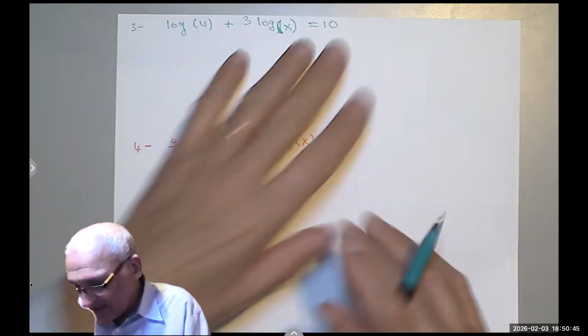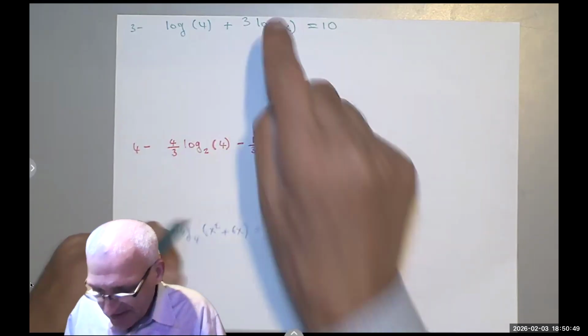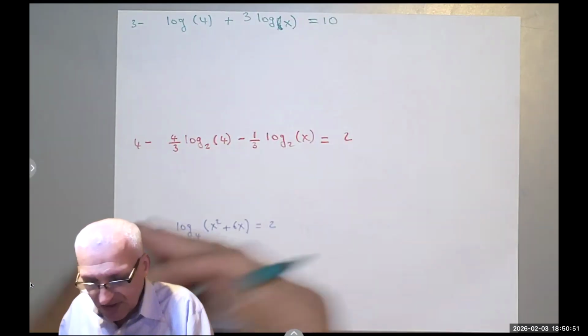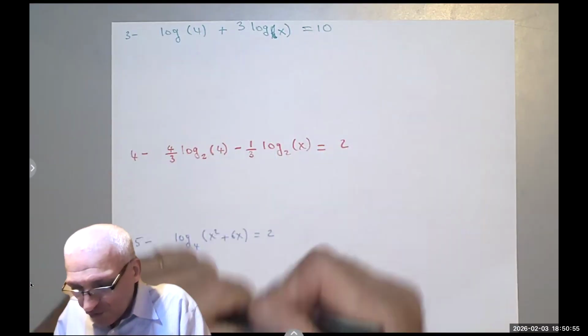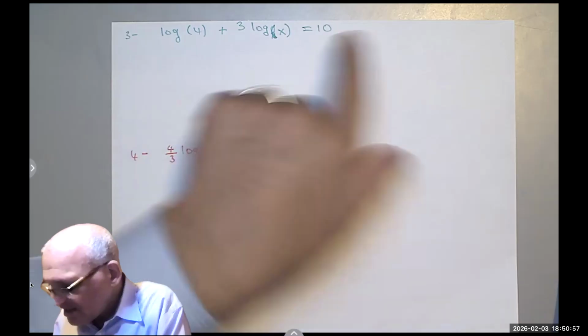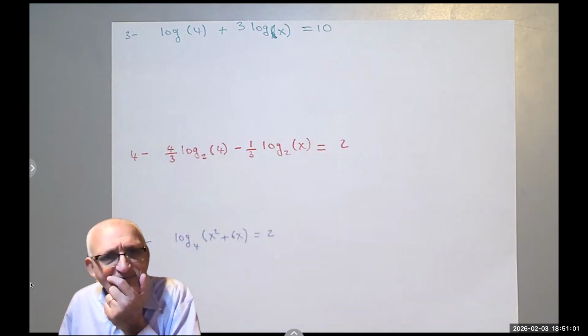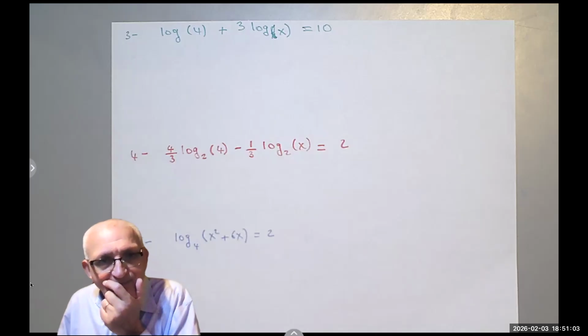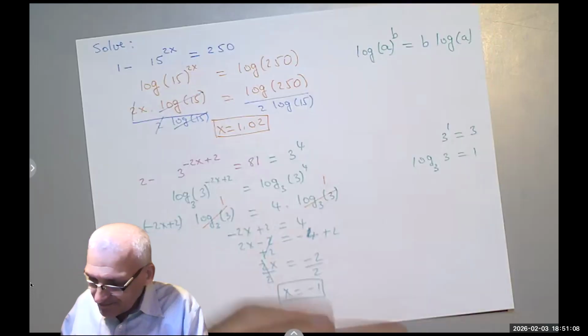Now let's move to logarithmic equations. This equation, these are to the base 10, because I don't have a base, and it's telling me log 4 plus 3 log x equals 10. So how do I solve that? The first thing you have to understand is this.